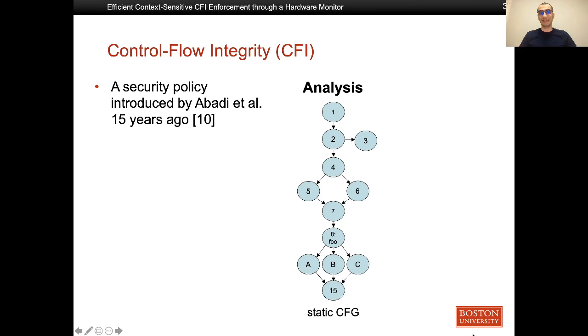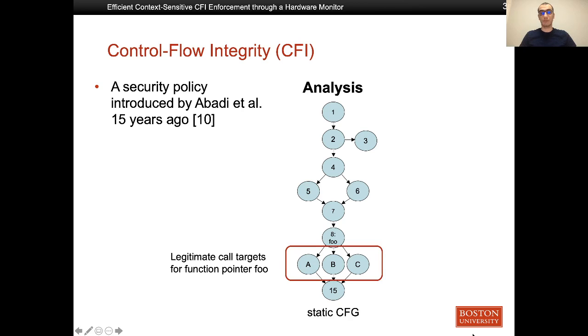Each node in the CFG represents a basic block consisting of instructions terminating with a change of flow instruction, such as a branch. The edges between the nodes, the basic blocks, represent the potential control flows between the basic blocks that can be traversed legitimately during the program execution.